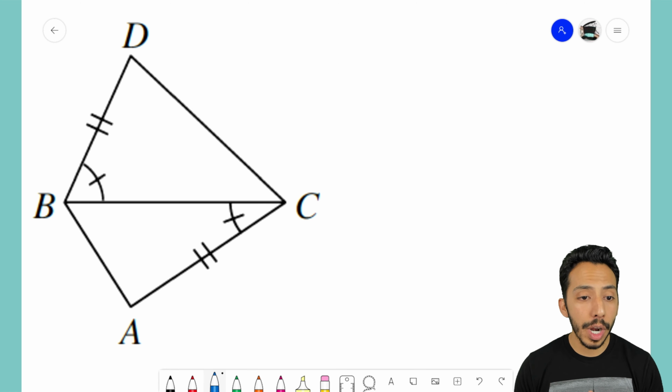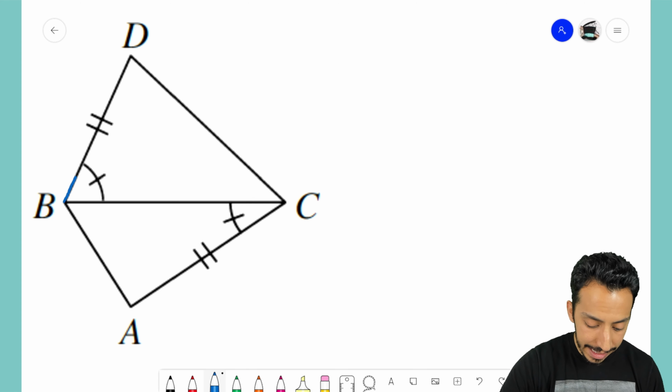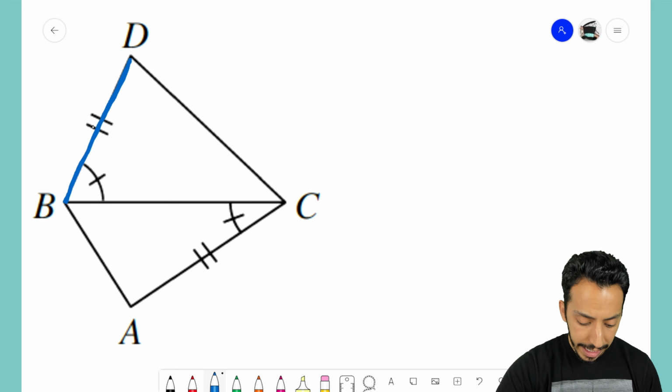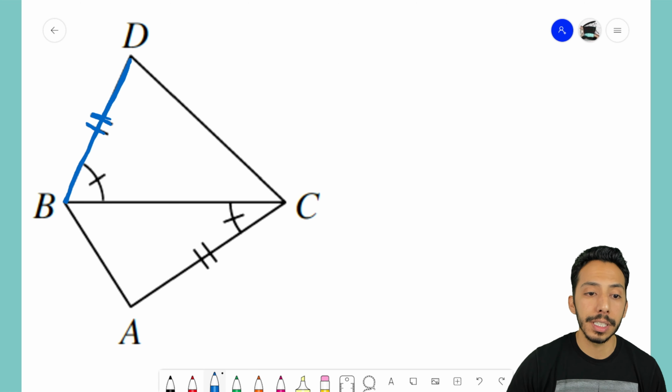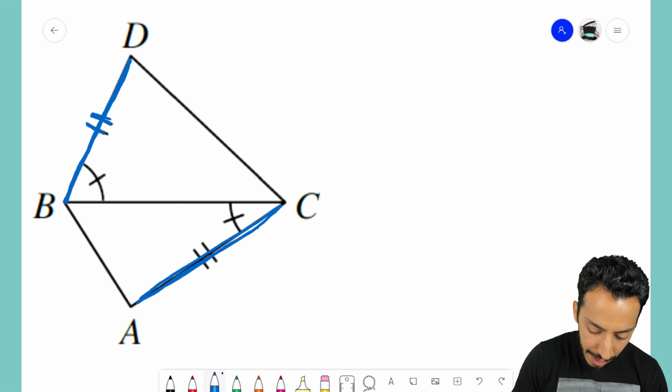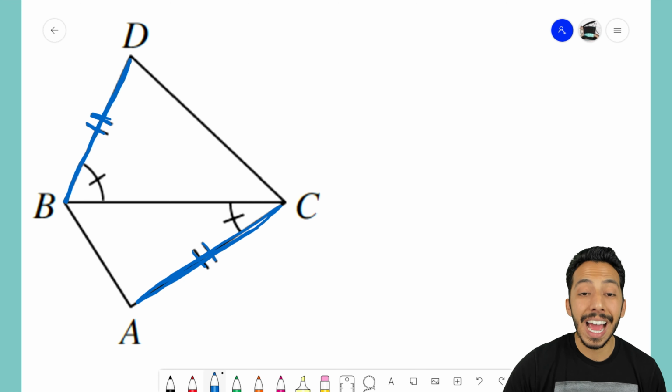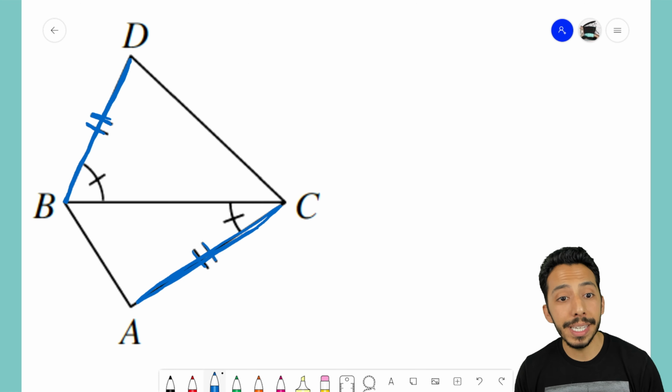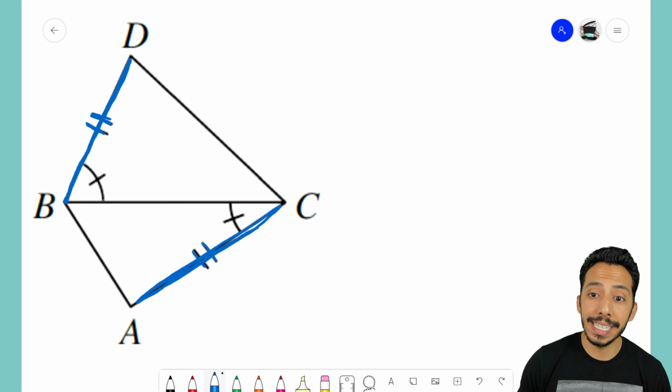Well, I'm looking at these two triangles and I notice that this side DB, or side BD, whatever you want to say, has these two hash marks. And then I notice that this side over here, AC, also has those two hash marks. Since they both have those two hash marks, I know that BD equals CA.